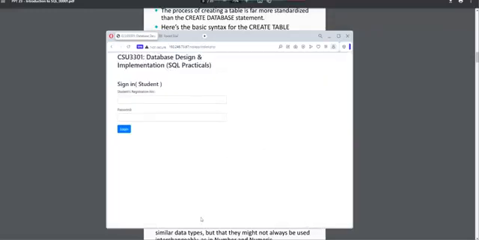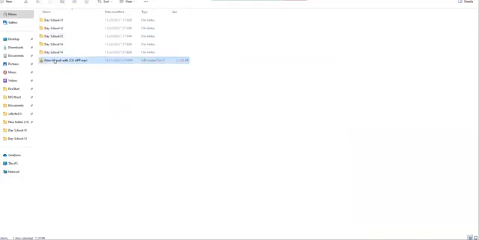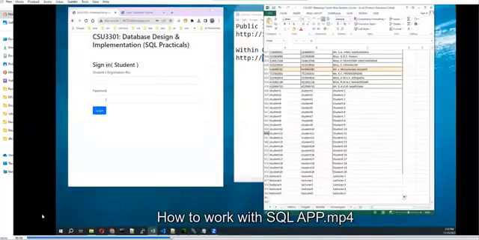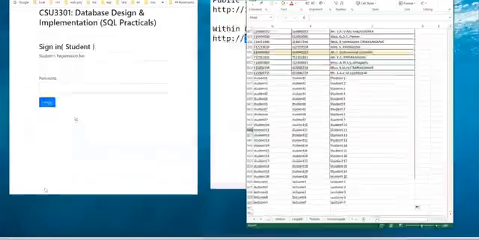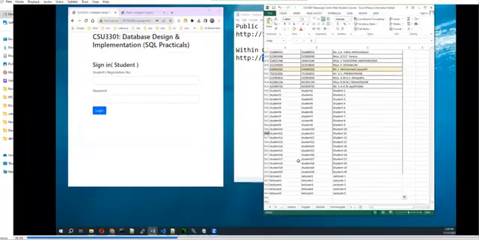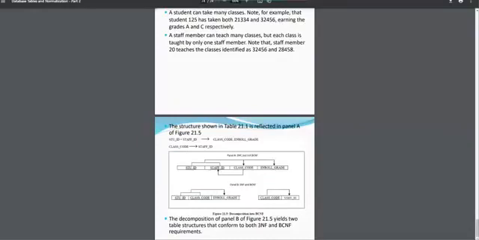We will check the student credentials. Use 1 as the username and student1 as the password to log in here. Here you can use student, I will use student 20 as an example.